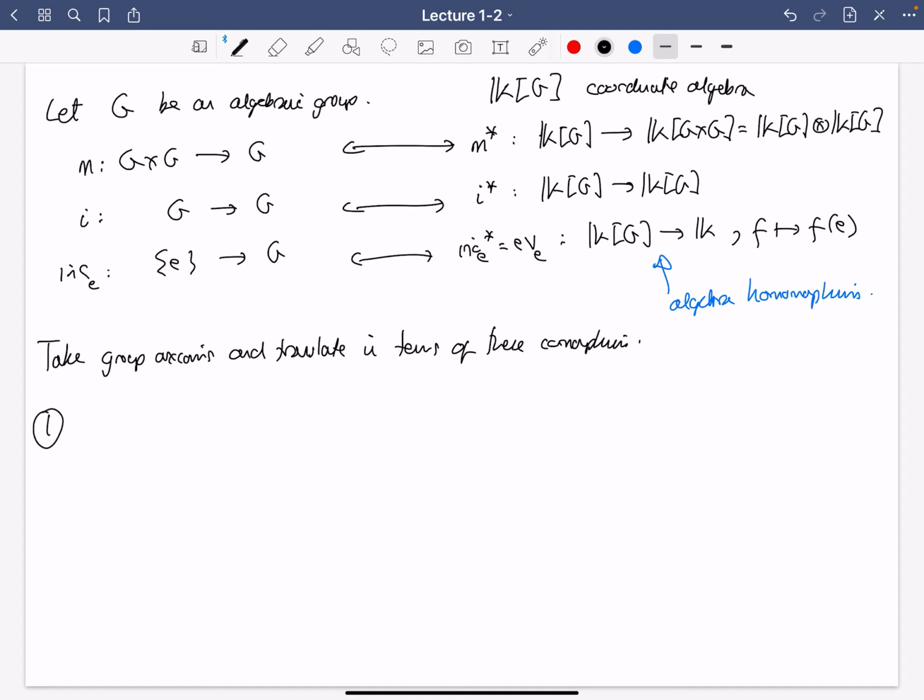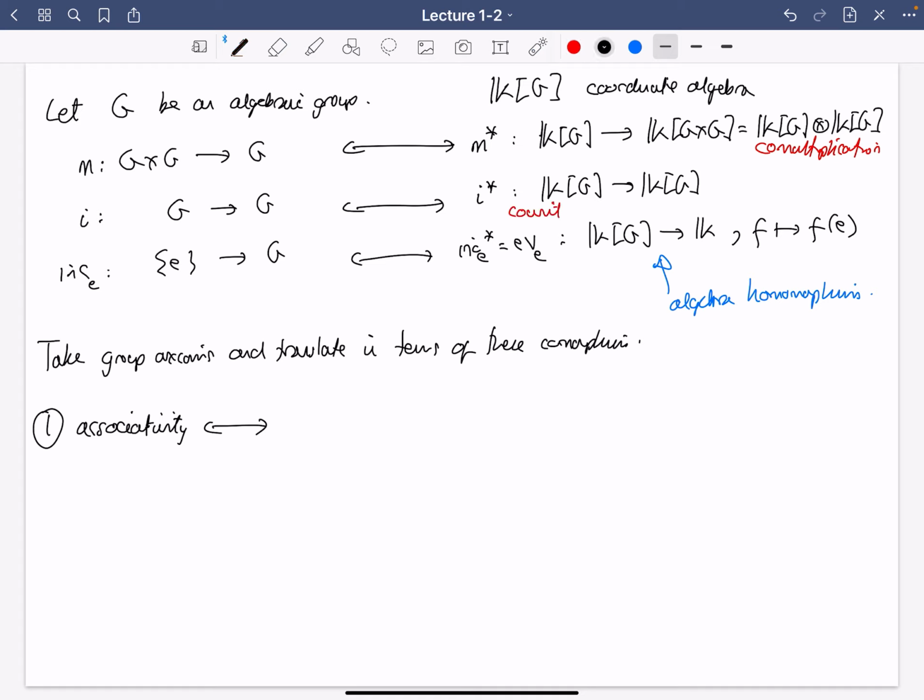Let me start off with the easiest one, the associativity axiom. The associativity of the group multiplication corresponds to an axiom about this M star. M star is usually called co-multiplication. I star is usually called the co-unit.